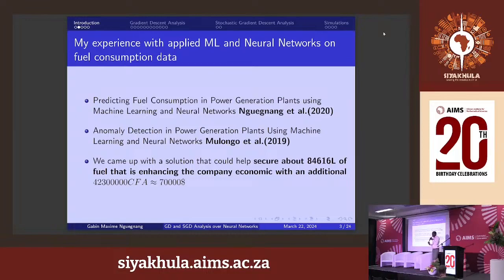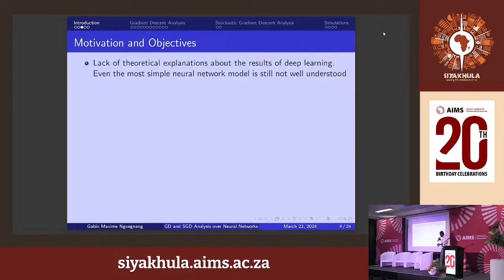So I was motivated to move forward to understand more, and then I applied to this position in Aachen. While exploring the literature, I realized that even the simplest model is still not well understood. I mean, the mathematical principle behind this is still not fully developed.